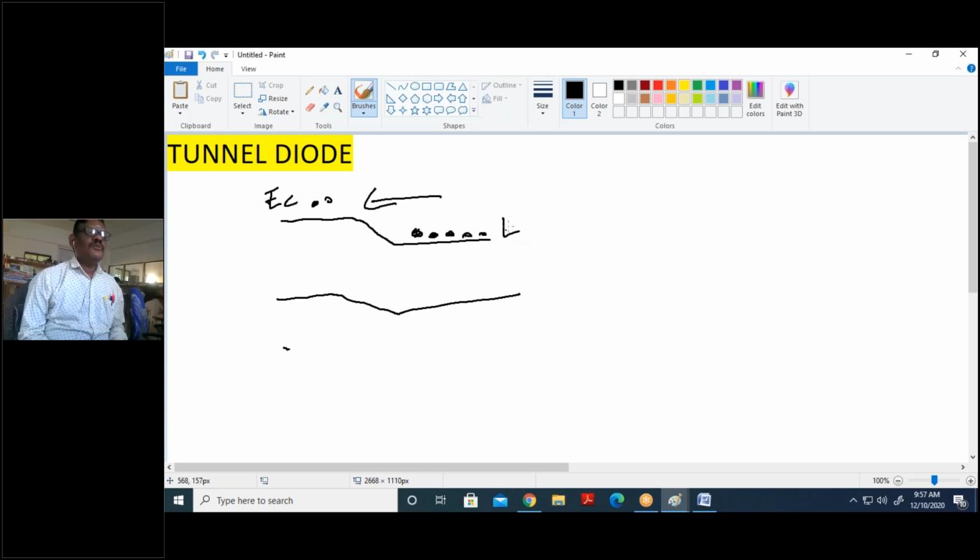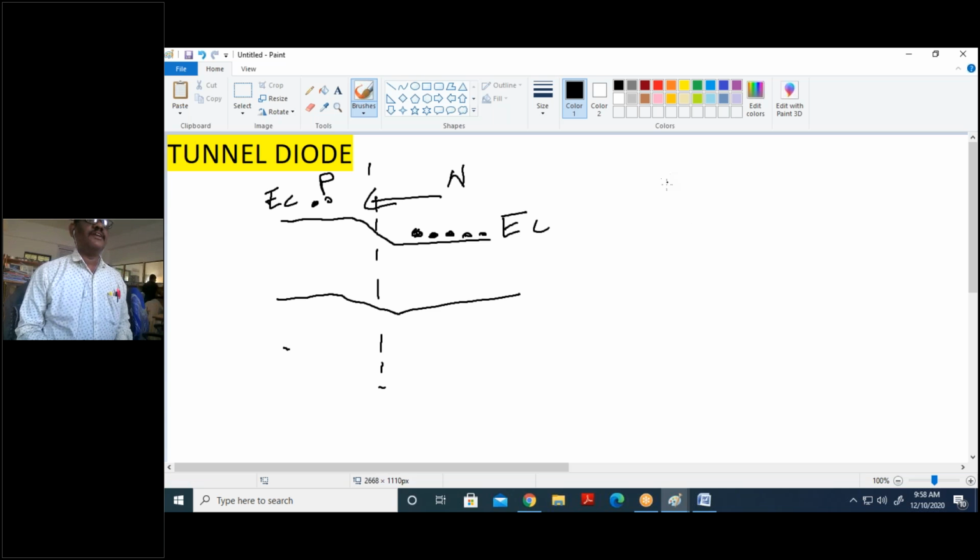Now EC to EC, from N layer to P layer. Okay, this is the tunnel diode forward bias characteristic.